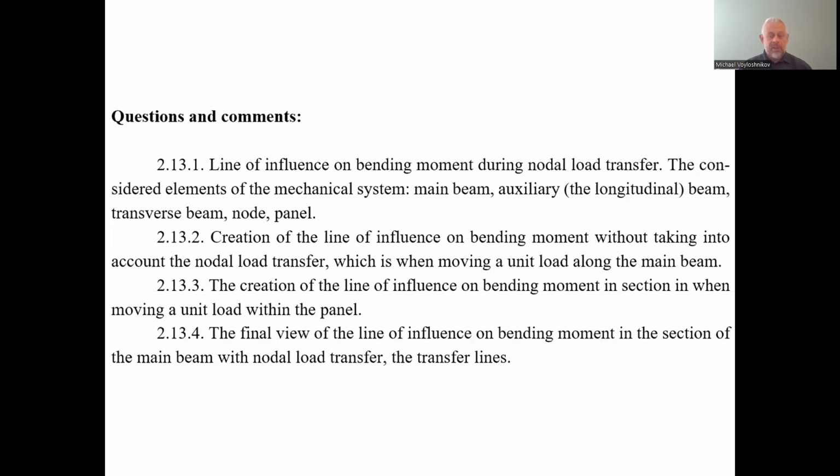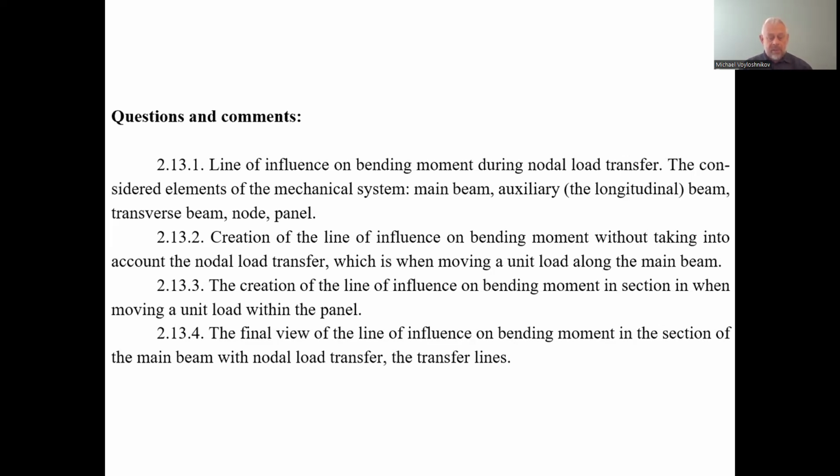And these support reactions are at the same time the communication points to the main beam. So these support reactions we consider next in finding the line of influence of the moving load on the bending of the main beam.